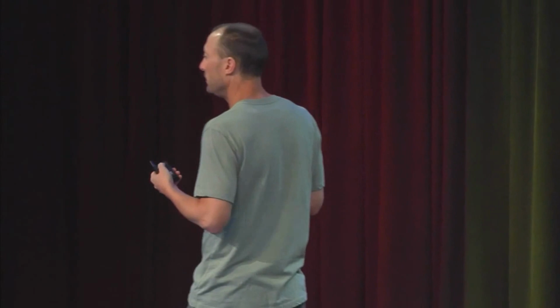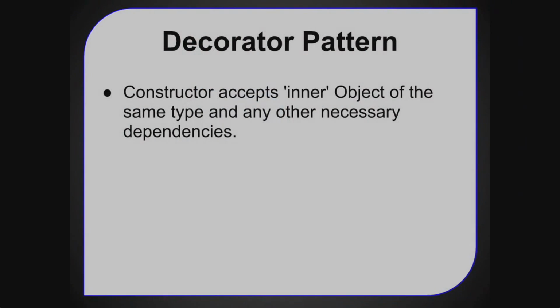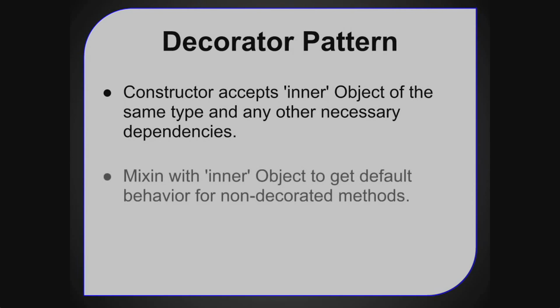Which brings us to our second pattern, which is the decorator pattern, which is what we just saw. And the whole game here is, again, everything we just saw. You create a constructor that takes an inner version of the interface and any other objects it needs that it's going to decorate the interface with.